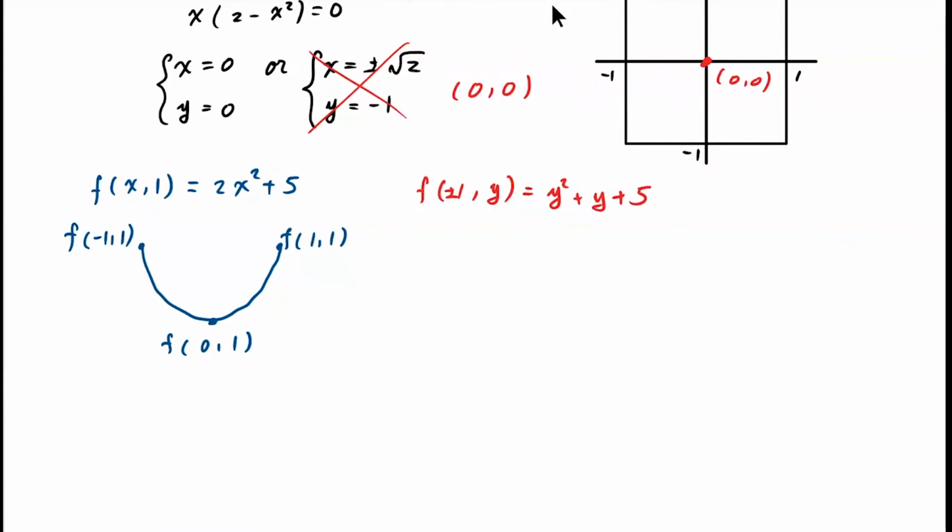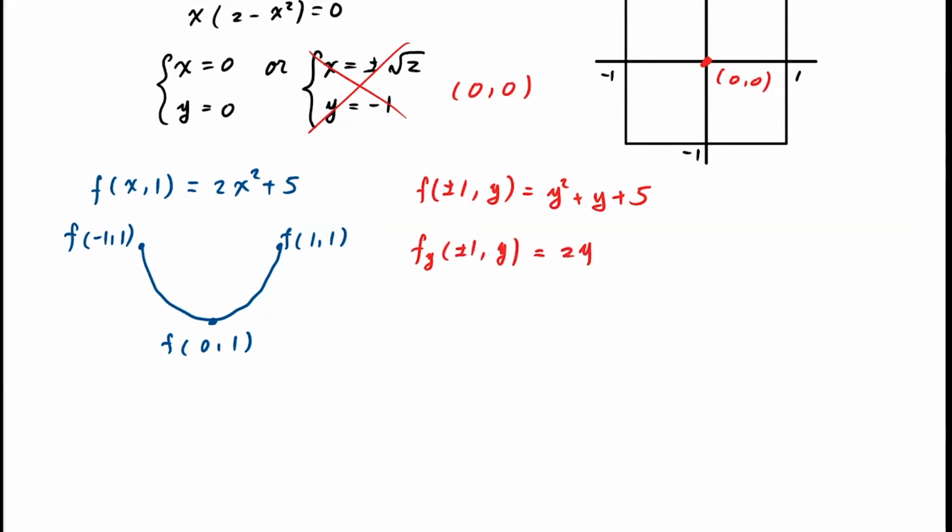Okay, this one is not as obvious, so we'll have to take a derivative. Although we can kind of say it's -1/2 from your algebra. Let's take a derivative with respect to y of f of plus or minus 1 comma y.